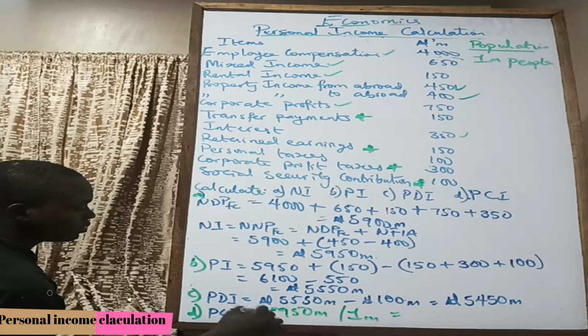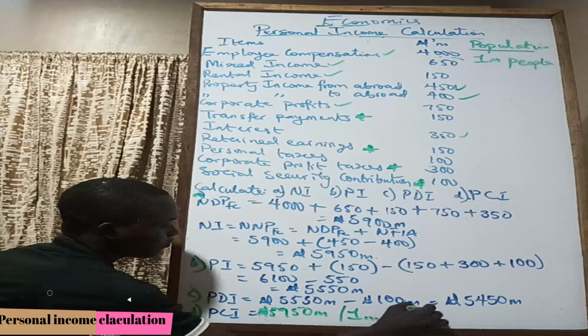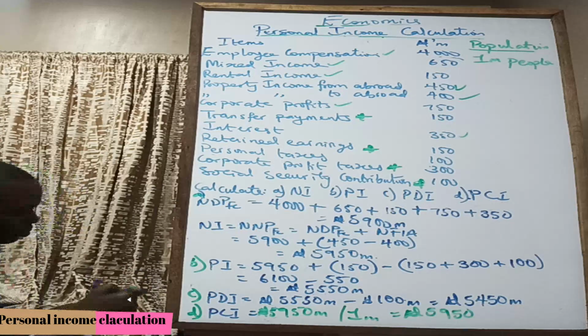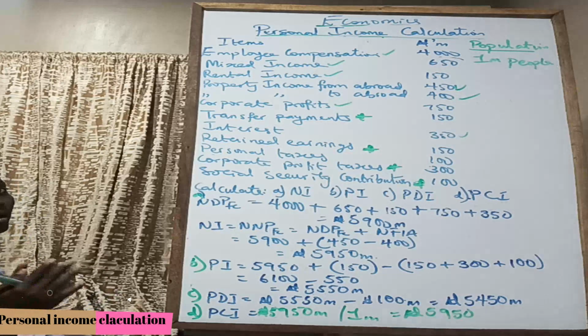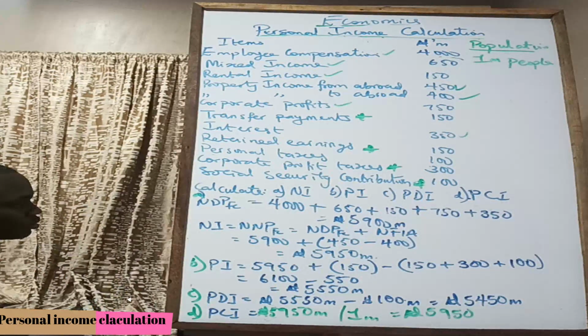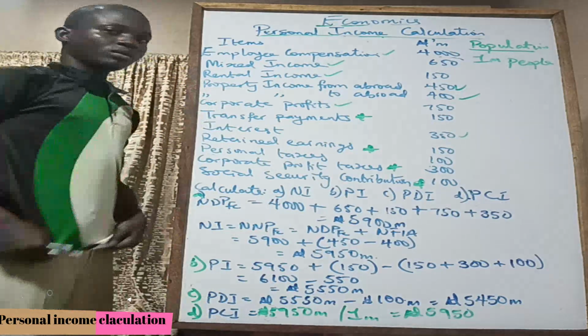Million cancels million, so we are left with 5,950. Which means per head or per person, what was earned that year was 5,950 naira. Million has cancelled a million because population is 1 million people. Yeah, so you can say it is easy. It's not a difficult thing.